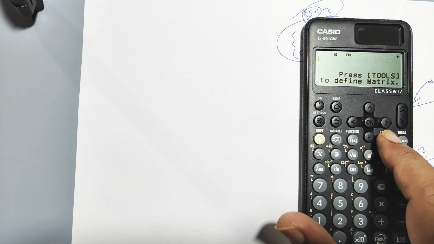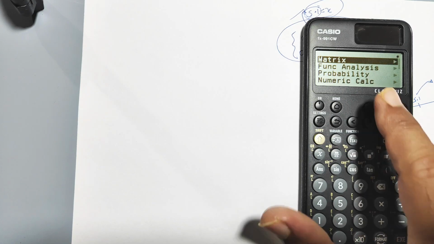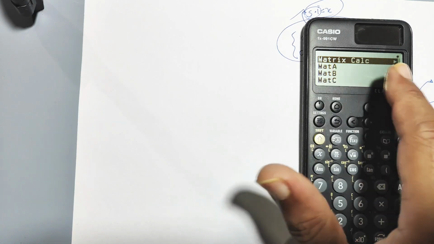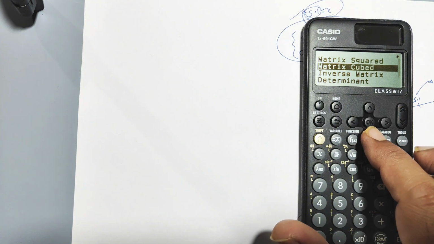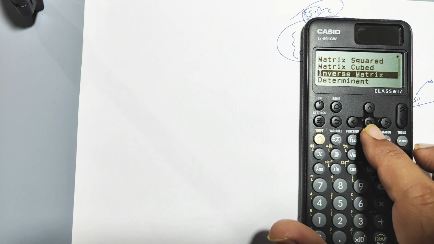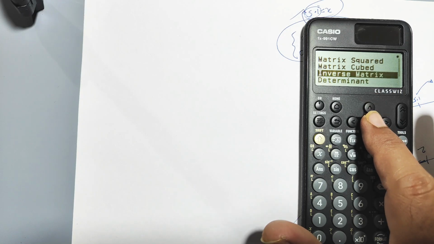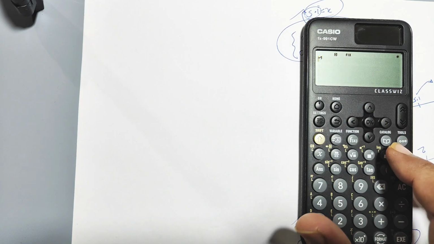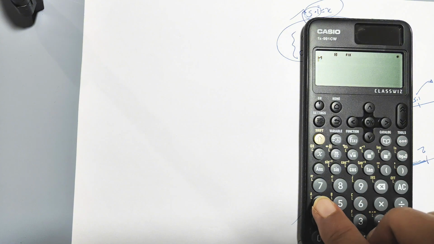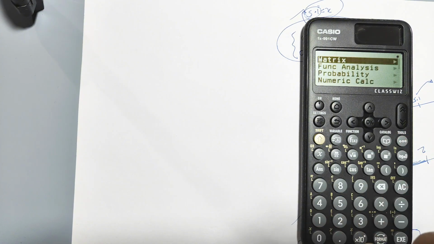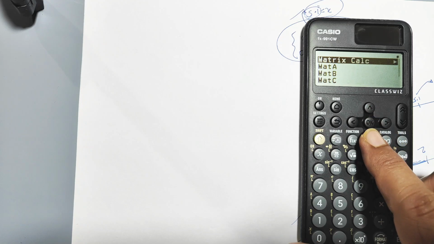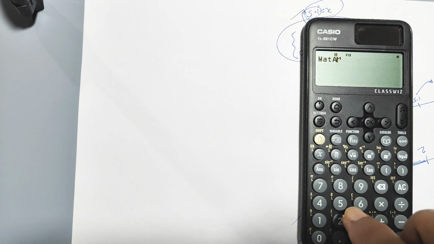Now you can press catalog and go to matrix. Matrix calculations you can do: matrix squared, matrix cubed, inverse, and determinant. If you press inverse of A, here we have to select the mat A, not the variable A, mat A. So how to select the matrix A? Again, enter into matrix A, select matrix A. It's inverse. Right?